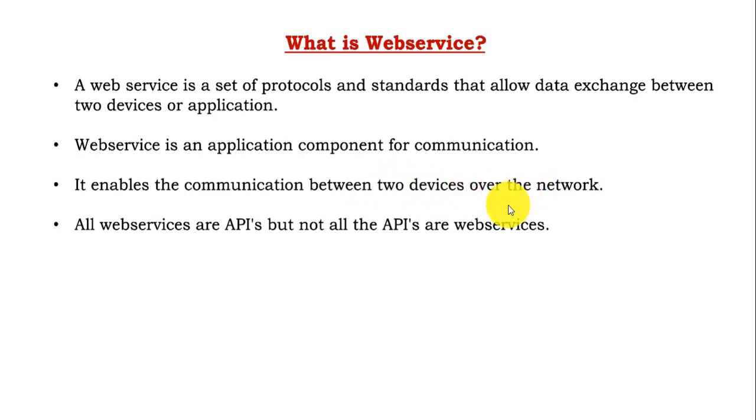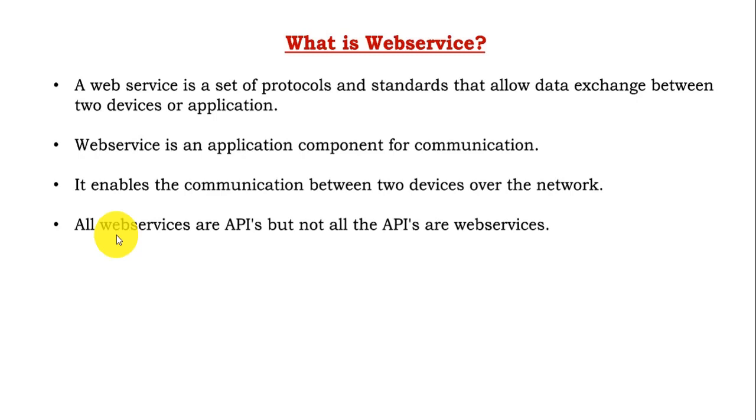It is also an API which actually communicates via the internet. And there is a statement that all web services are APIs, but not all APIs are web services, which means that there are multiple APIs. While performing it, if you use the internet, then it is a web service.